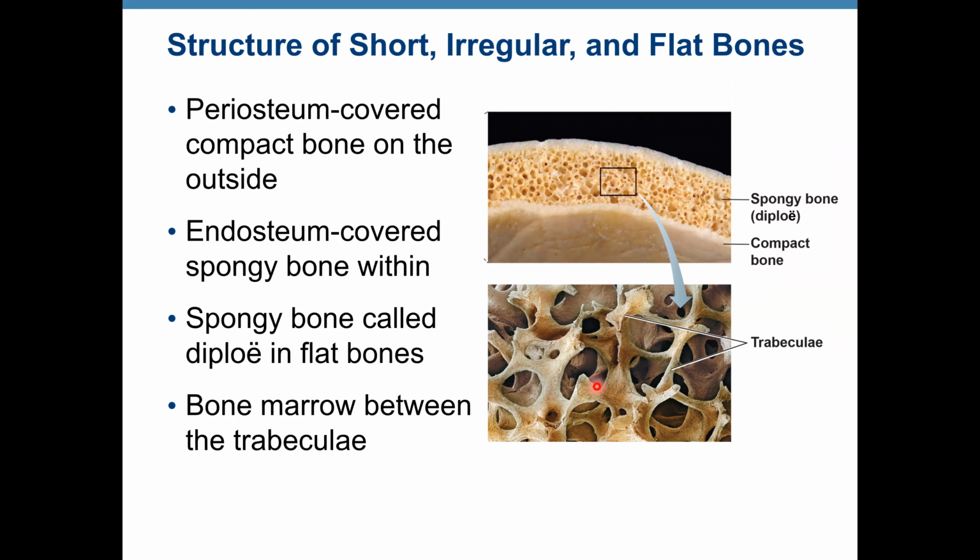So what do we know about flat bones? The spongy bone is called diploë. We have compact bone. We have periosteum, the same as the long bones. Endosteum covers the spongy bone within. And this spongy bone is made of trabeculae. And there is bone marrow inside.